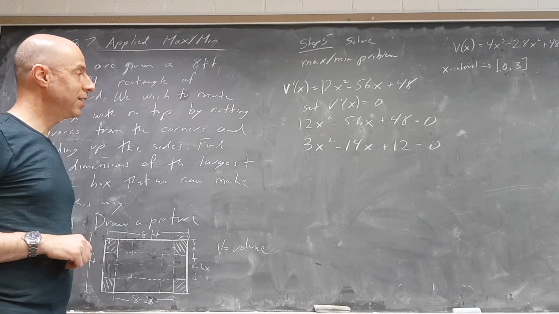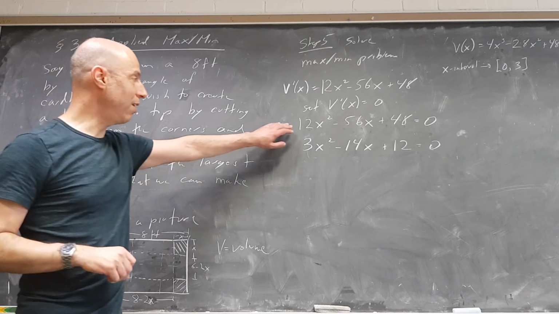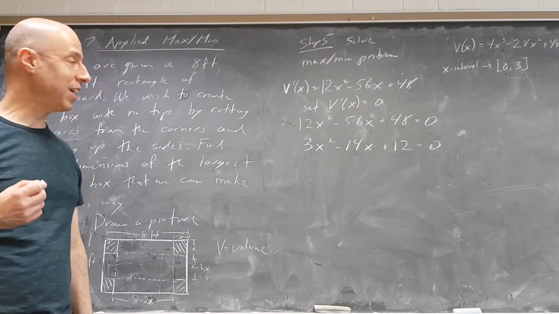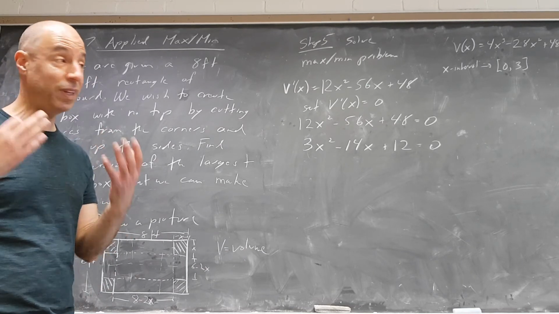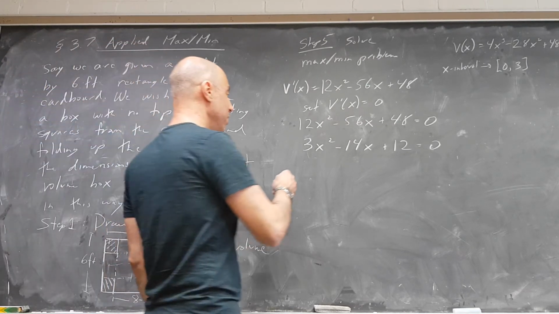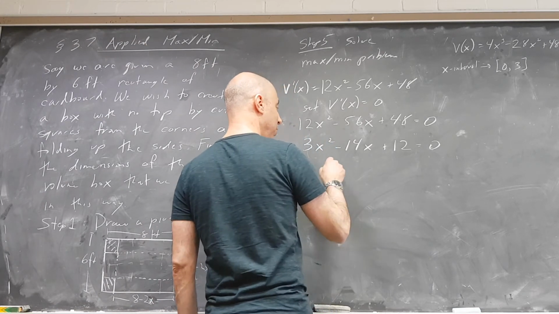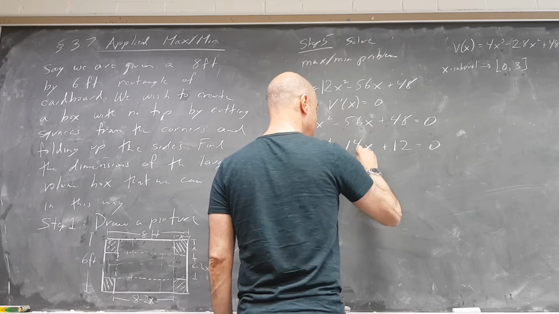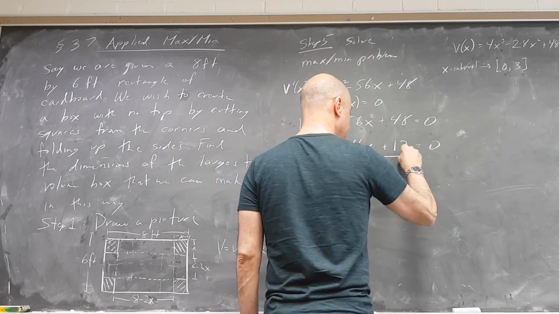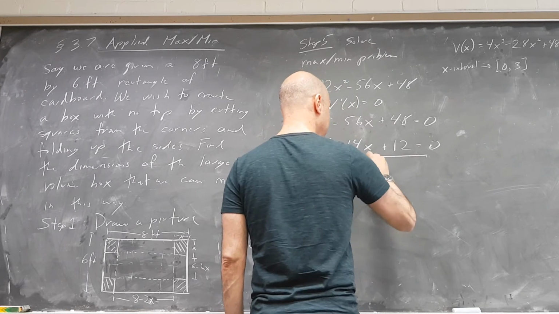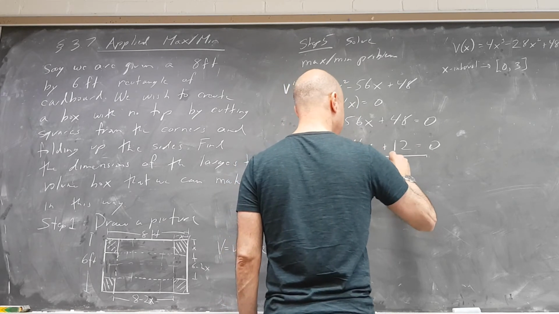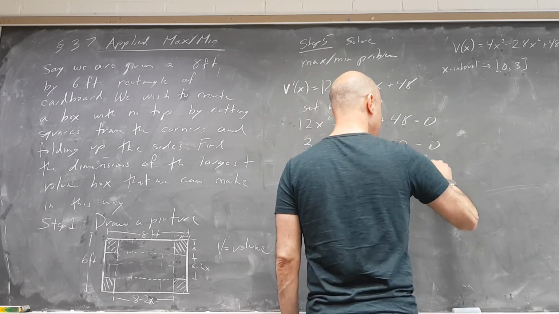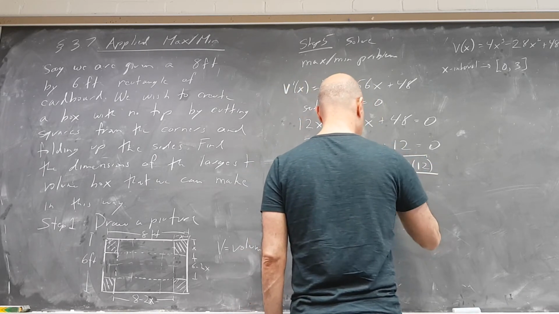Now let's solve that. We could have just as easily solved this. You can put this into your calculator if you'd like decimal values. I'm just going to use exact values for now. If you don't like exact values, please feel free to use decimal values. So x is equal to negative b, so that's 14 plus or minus the square root of b squared, that's 14 squared minus 4 times 3 times 12, over 2 times 3.